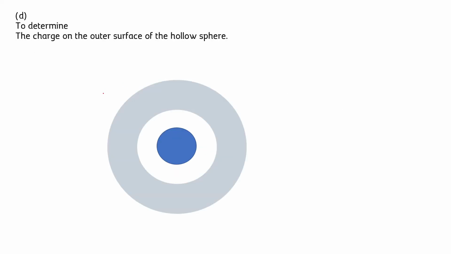Now let's move forward. Here we have to find the charge on the outer surface of the hollow sphere. So as we discussed, the charge on the outer sphere would be plus Q, because the charge enclosed at the center is plus Q, and the charge due to polarity which appears on the inner surface of the hollow sphere is minus Q. And as we know, the total value of charge on the hollow sphere is 0. So in order to maintain that balance, there would be a charge plus Q generated all about its outer surface.